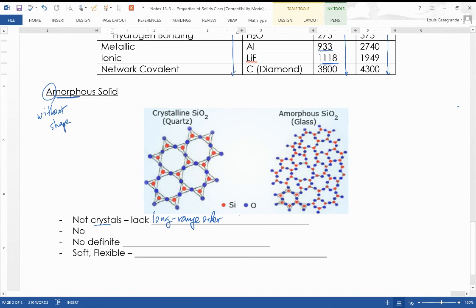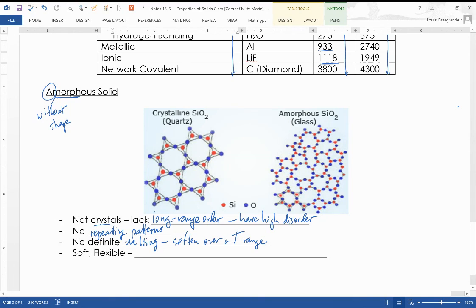In fact, they have a high disorder. There are no repeating patterns. And there's no definite melting point. Instead of melting as you heat them up, they soften over a temperature range.